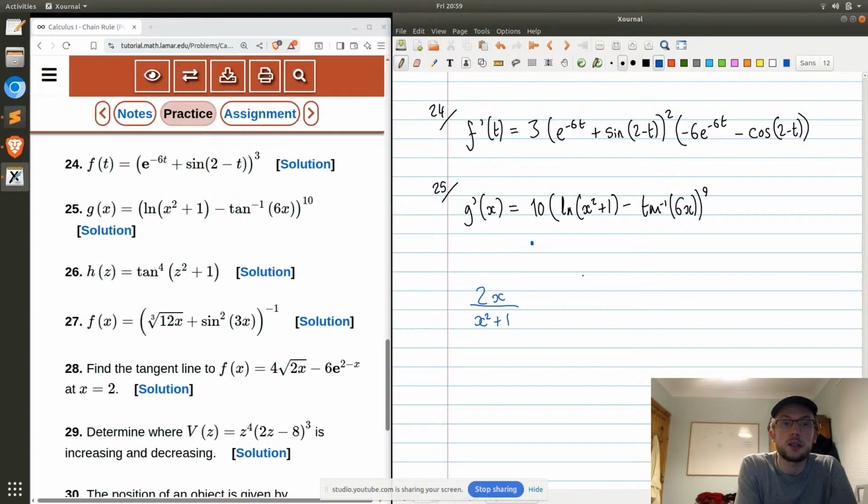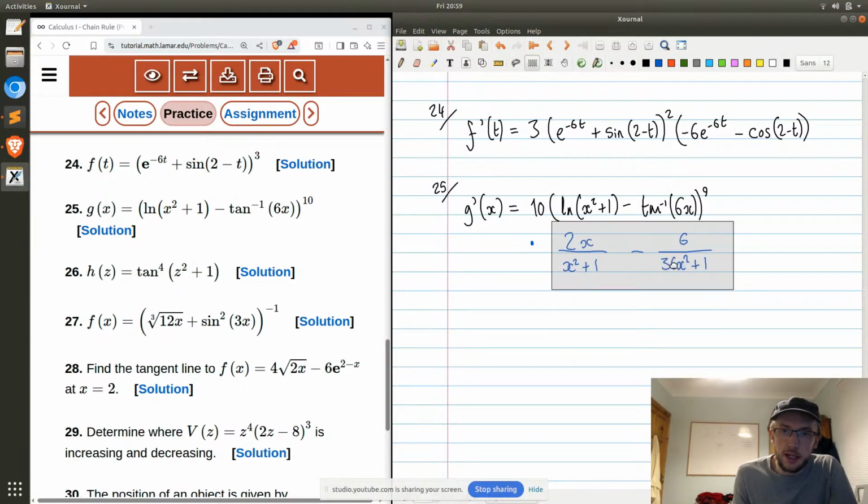Okay, fine. How does that help me? So this will be 6 over the square of 6x plus 1, with a minus sign in front. That's what I think.